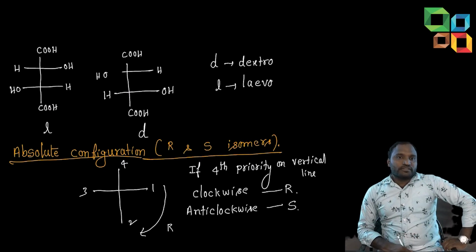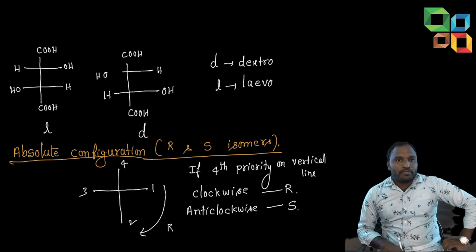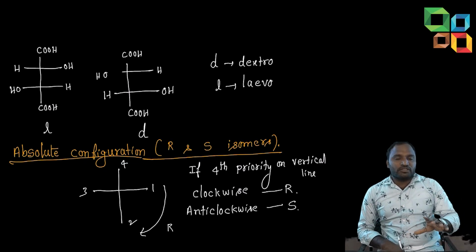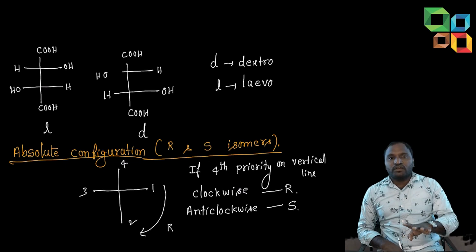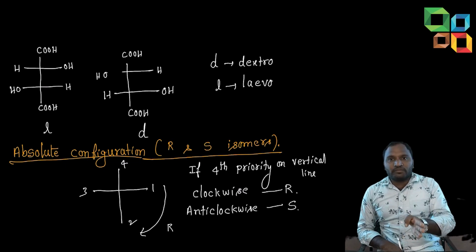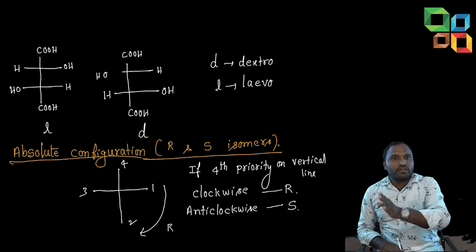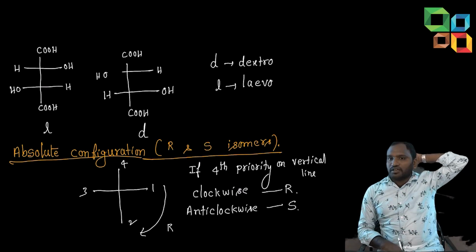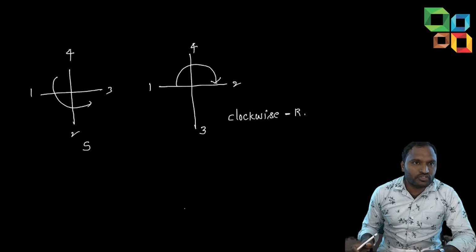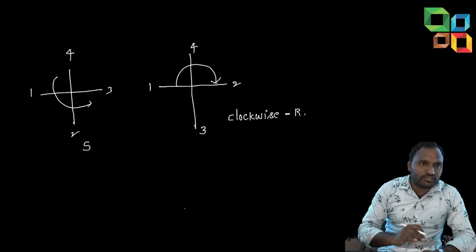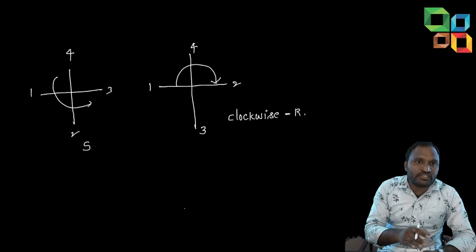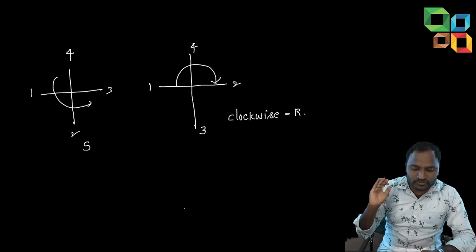Cahn-Ingold-Prelog rules: priorities will be given. Again, I am not teaching these priority rules, students. Priority is directly proportional to atomic mass. The same rules as in EZ isomerism, whatever rules I taught, are applicable here also.